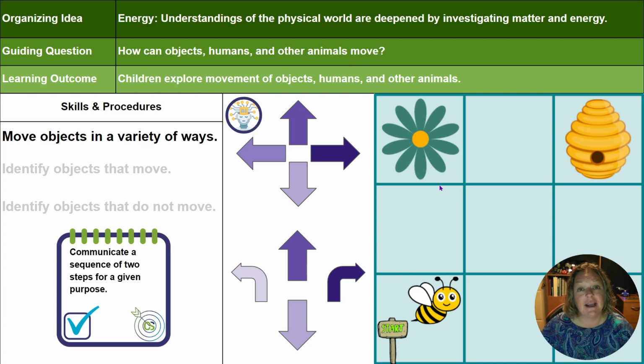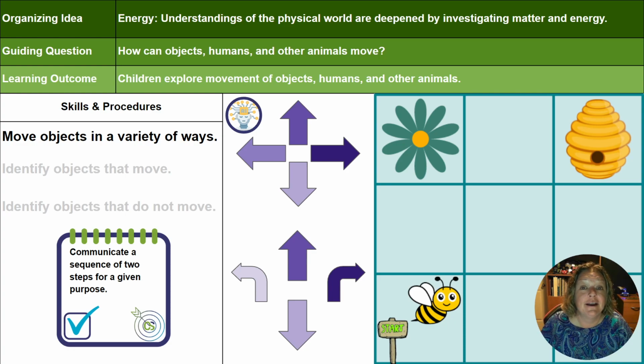Let's have a look at your energy curriculum and some ways that you can connect those computer science cusps in nicely. We're talking about movement in energy in kindergarten and how we can move objects around in a variety of ways. So if you are using little robots in your class, you would have some excellent opportunities to have students move the objects, using the directional arrows on the robot or on the little remote control, depending what type of robots you have.